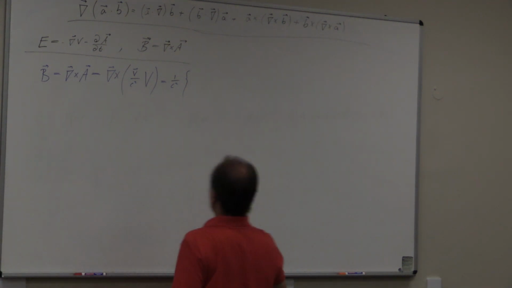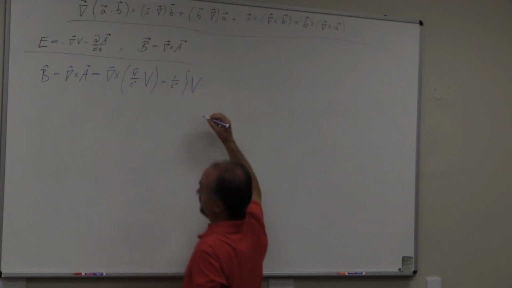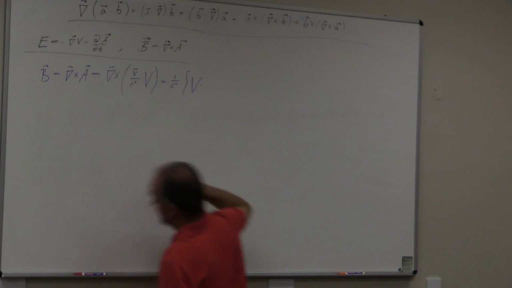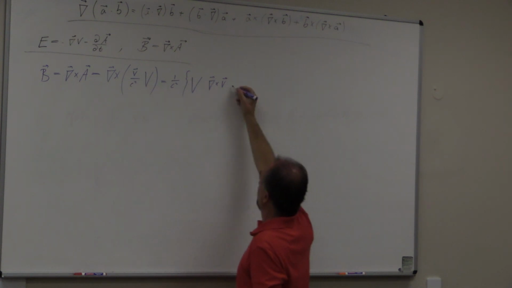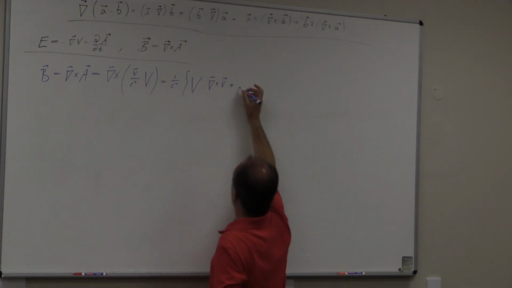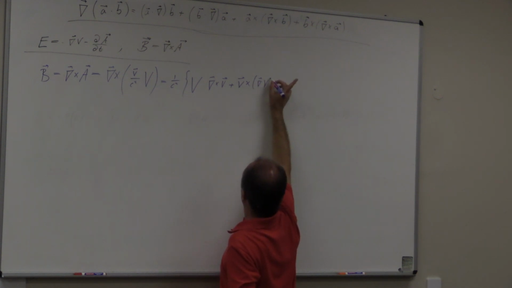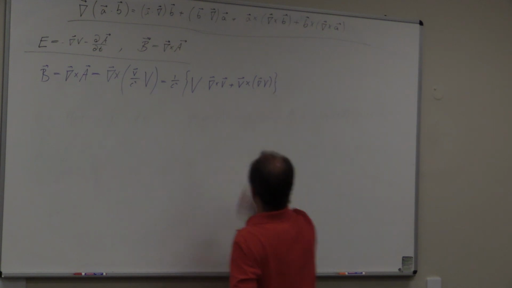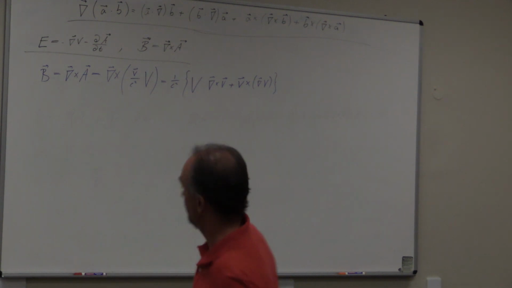You can write this out as just the potential times the curl of E, plus the gradient of the potential we have calculated right there.